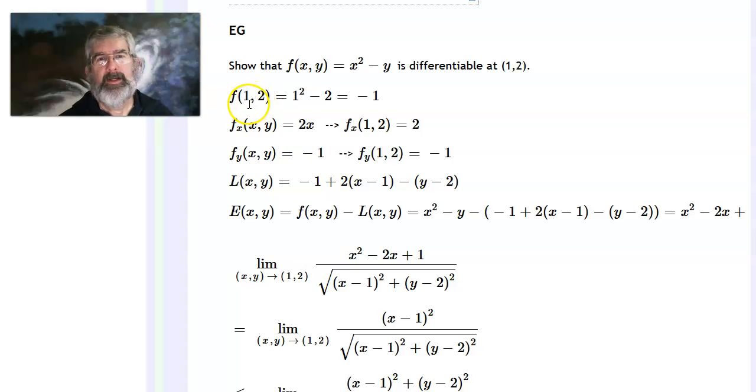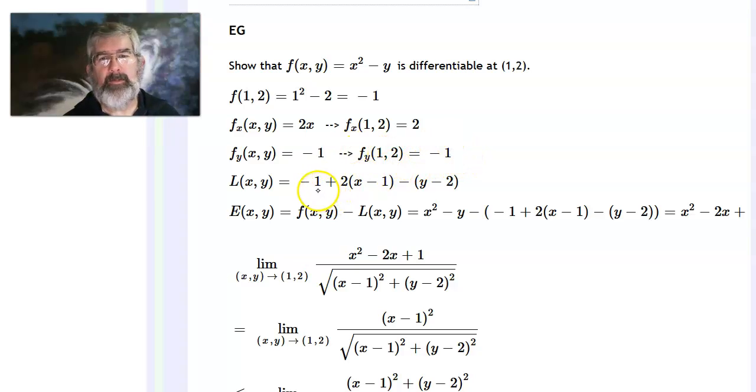I need to know two things. One, can I write this function in the way described? And then does the error function go to 0? So the answer is yes, this has a partial derivative. So the function value is -1. The partial derivative with respect to x exists, and it's 2. The partial derivative with respect to y exists, and it's equal to, well, this is -1 always, so it's -1.